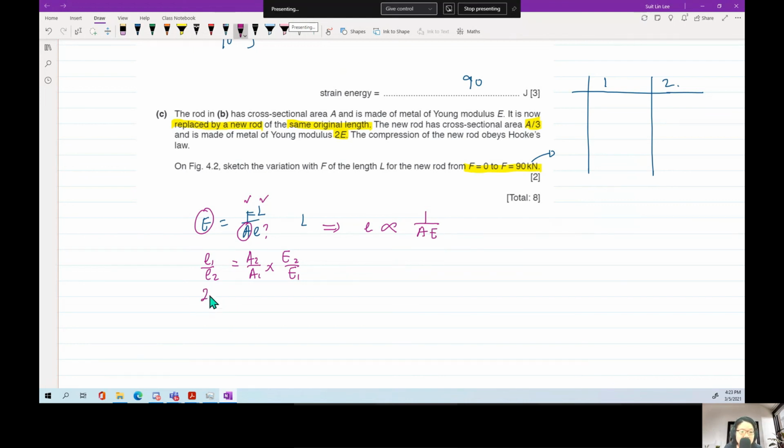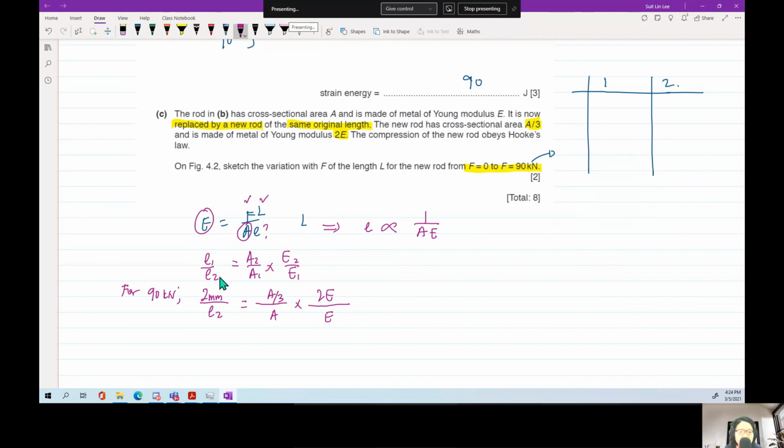Okay, initial extension is 2 mm. I don't know what the second extension is. Again, this is for 90 kilonewton. The second area is A over 3, the initial area is A. The new Young modulus is 2E, the initial Young modulus is E.